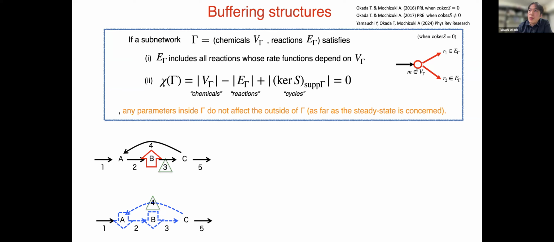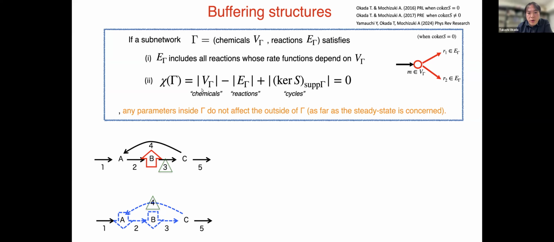So suppose that this red species is a member of gamma, then these two emanating reactions, their reaction rates depend on the concentration of this red chemical species. So we need to include these two reactions as members of gamma. Okay, this is the first condition.